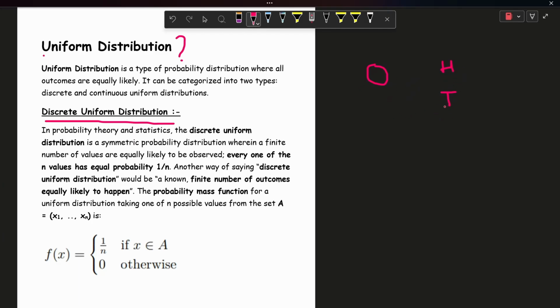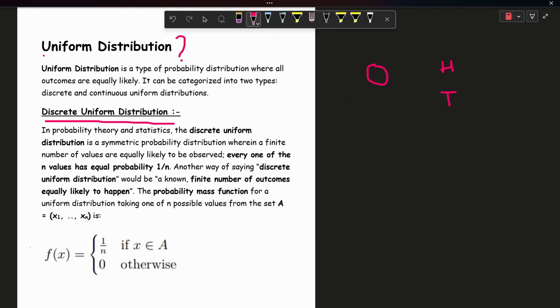We can count these outcomes, right? There are two outcomes. This may occur or this may occur. As per the probability mass function, the probability of this uniform discrete distribution is nothing but 1 by n if x belongs to A. A is the combination of all the outcomes.